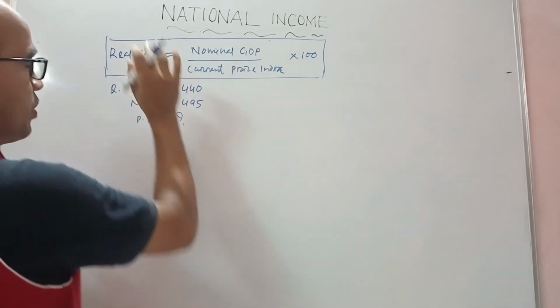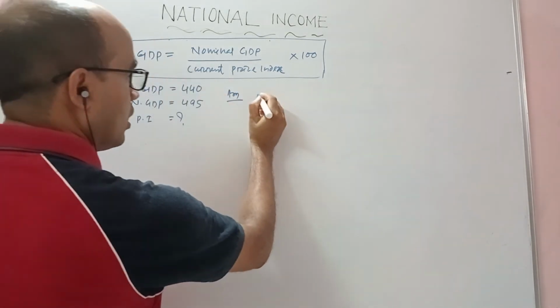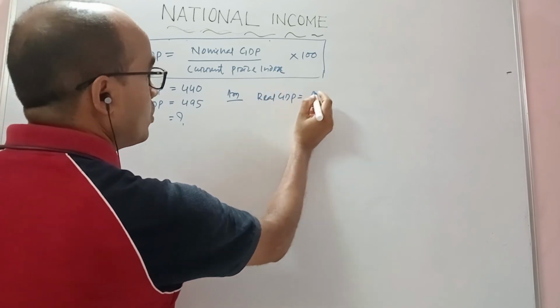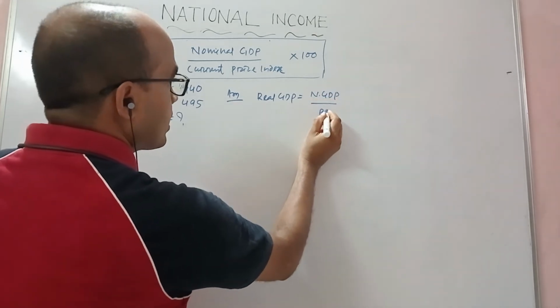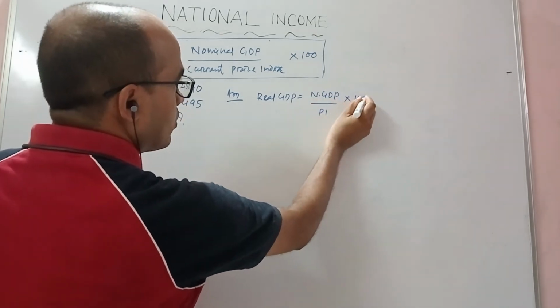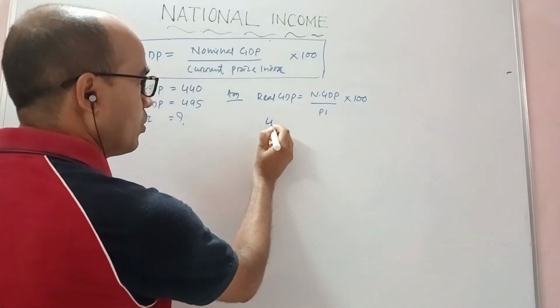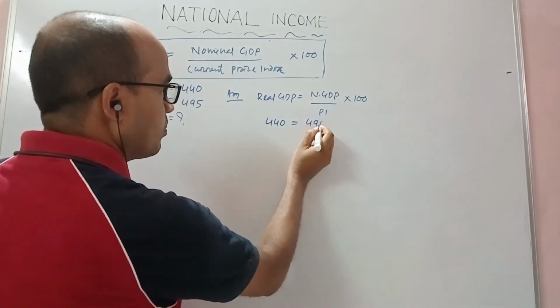So what you do in the same formula? You write your answer. Real GDP is equal to nominal GDP by price index into 100. So here real GDP is mentioned how much? 440. Nominal is mentioned 495.